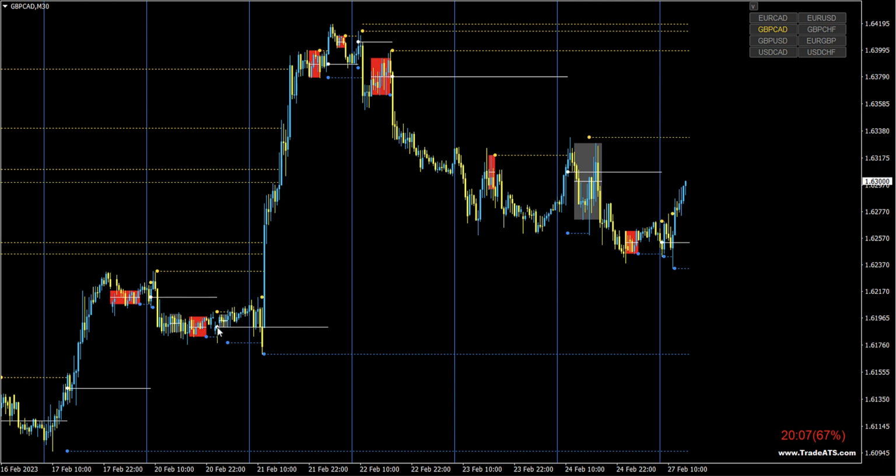Whenever I have a white line like this one and a red box, this means that the market has finished doing some kind of a contraction, and now it should start doing some kind of an expansion.